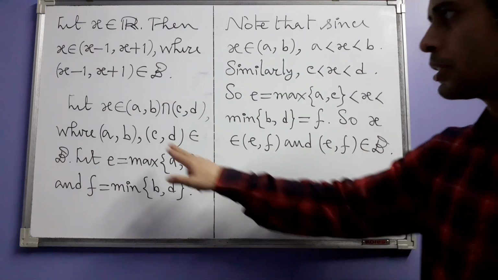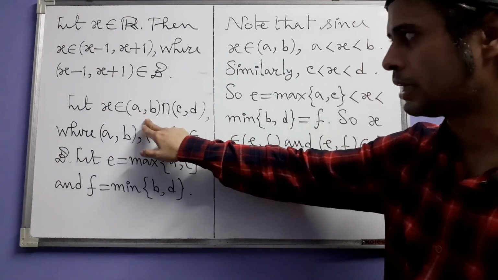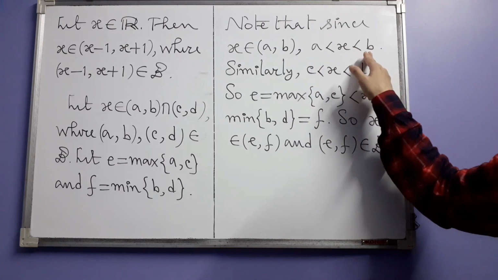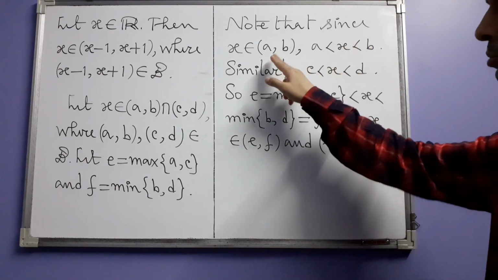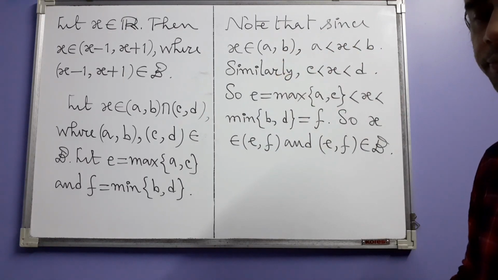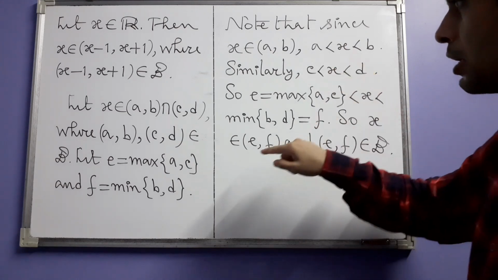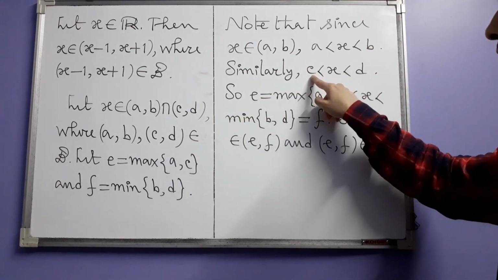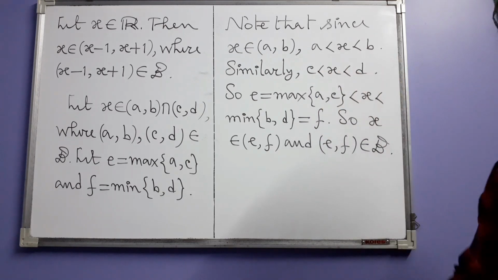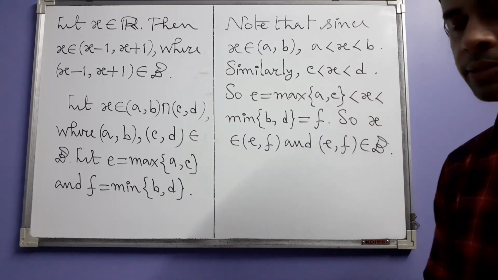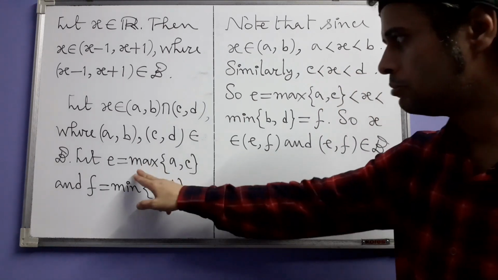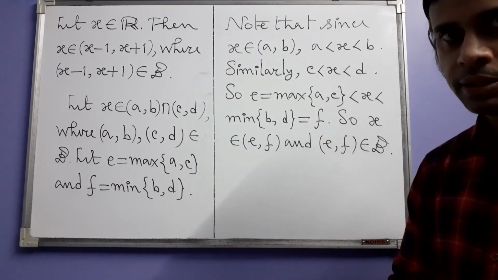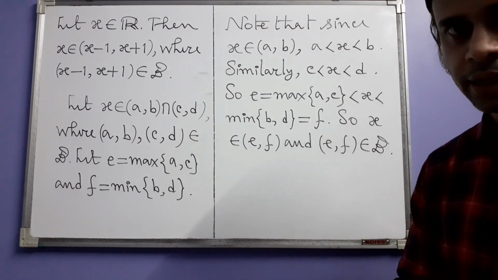First of all, note that x being an element of this open interval satisfies these inequalities, because that's what this open interval means. Similarly, x is also here in the second interval, so we also have x satisfying this second set of inequalities. Now e being the maximum of a and c is either a or c depending on which one is greater.